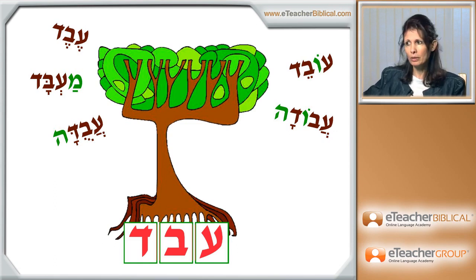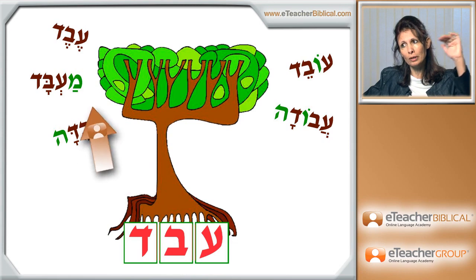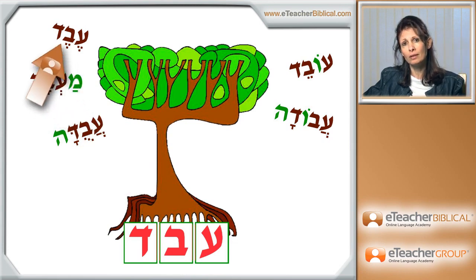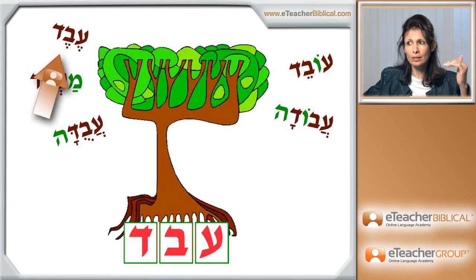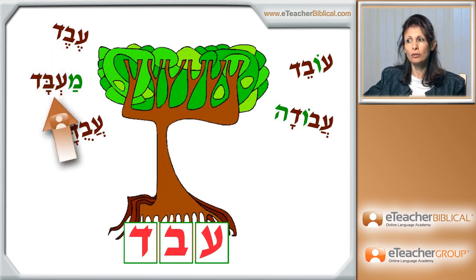For example, you can see here around the tree many words. The very first one at the top on the left-hand side is Eved. Eved in Hebrew is a slave. Now let's go down to the word Ma'abad. Ma'abad is sharing the same root, but it's a different word. It's work.